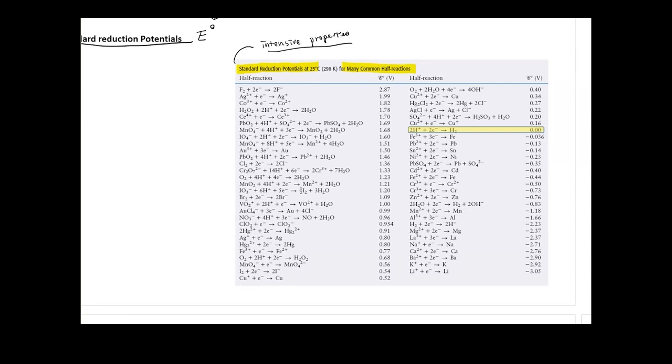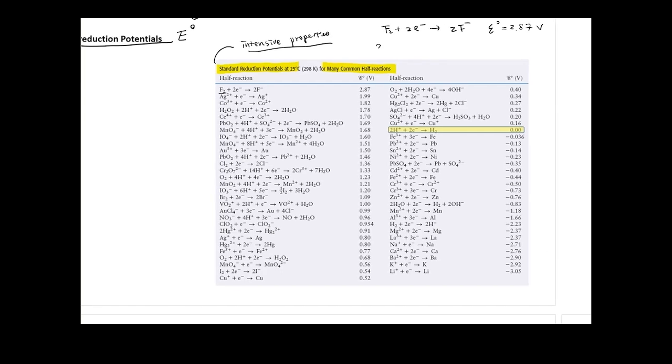What it means is that it is not going to be affected even if you multiply a coefficient in front of the species. For example, here you can see F2 plus 2 electrons gives you 2F minus. Then your E naught is 2.87 volts. If I multiply 2 in front of this, the E naught will still be the same.